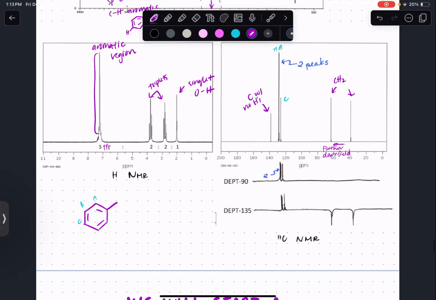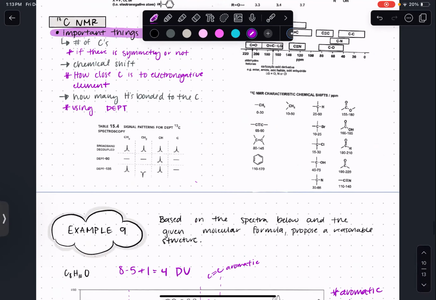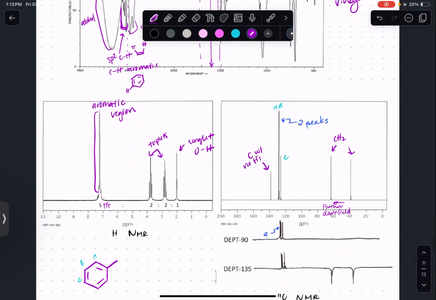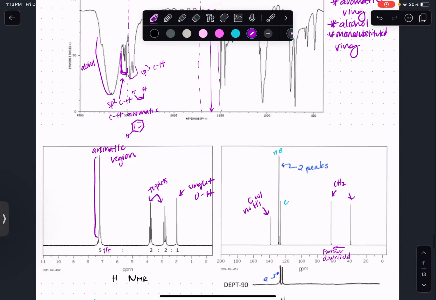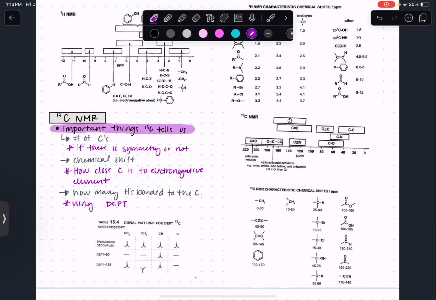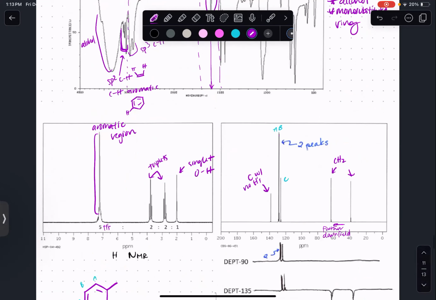So if I look up here at my carbon-13 and see what range that is in, it's about 60, a little higher than 60. That could either be a carbon-nitrogen, which we don't have any nitrogens, a carbon-carbon triple bond, which we don't have either because we don't have any more degrees of unsaturation, or a carbon-oxygen bond, which does make sense.